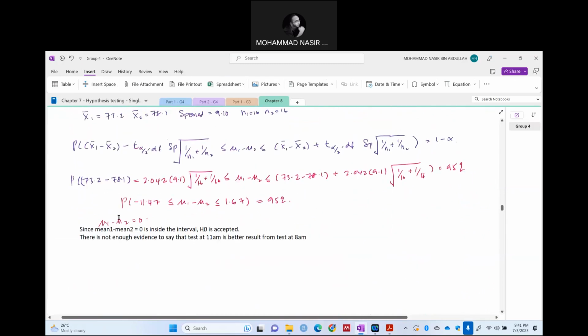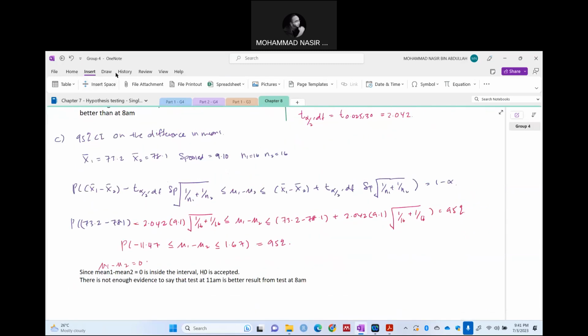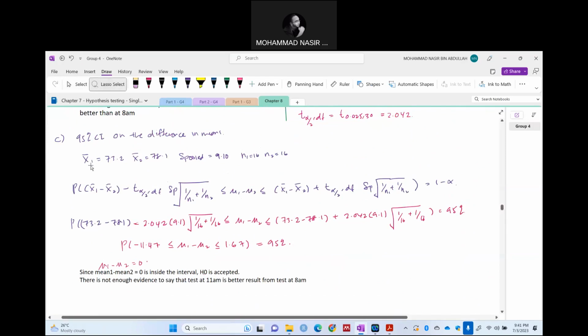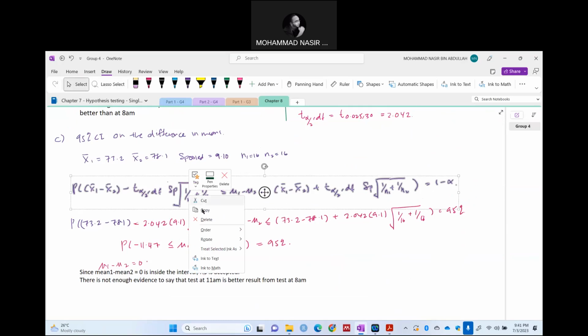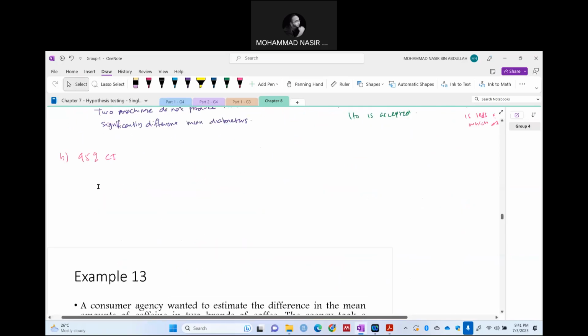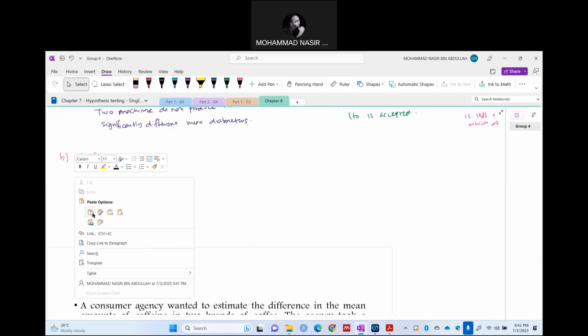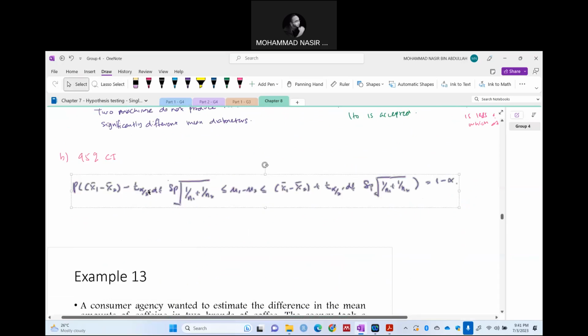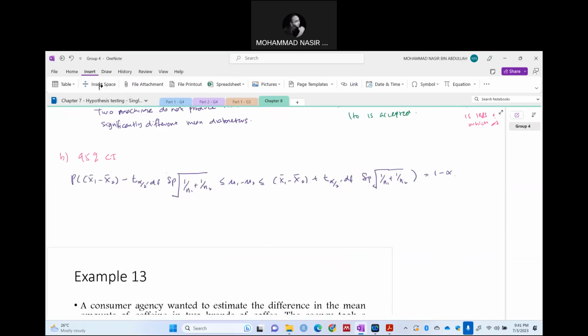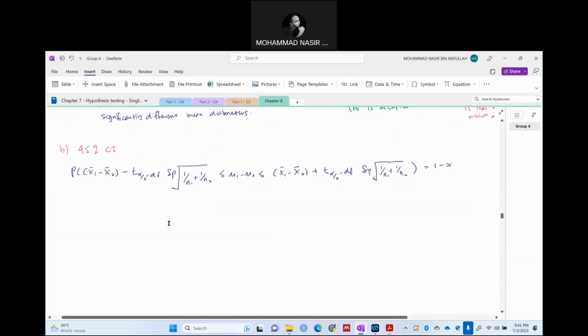Let me copy this formula. Okay, so you just plug the values into the formula.